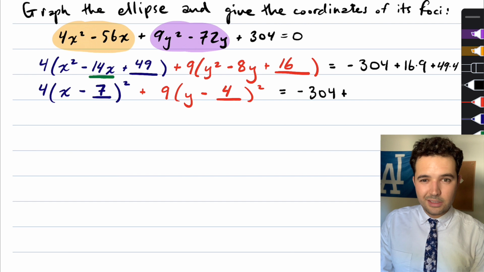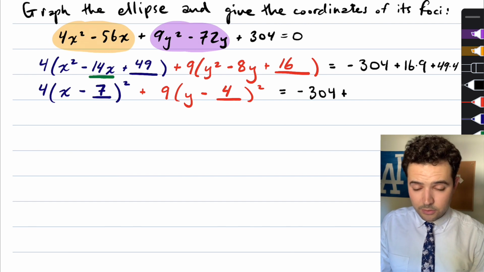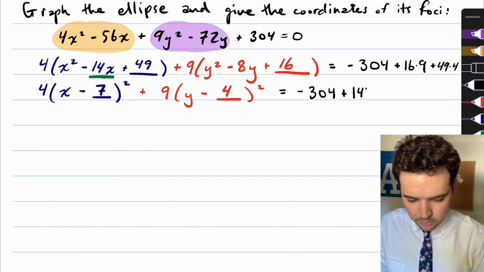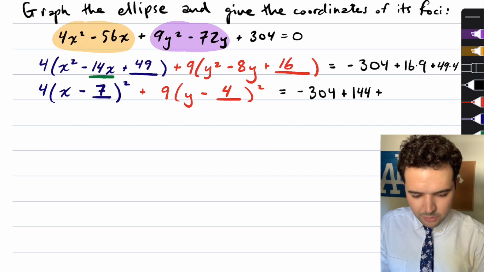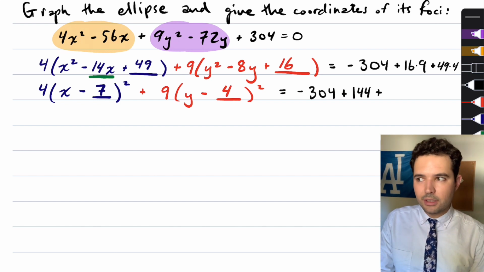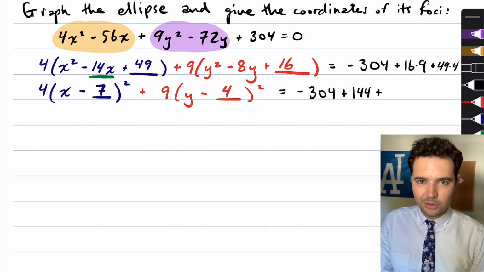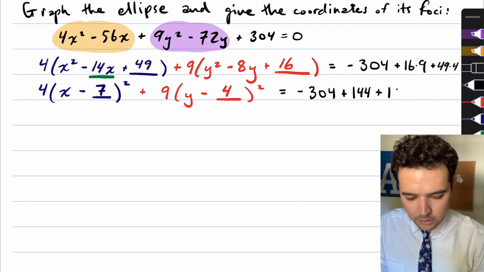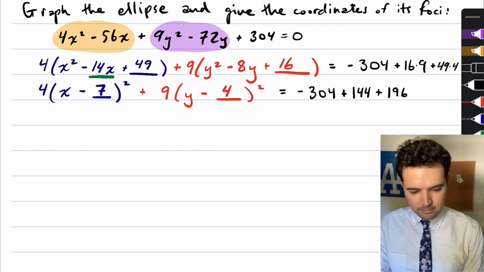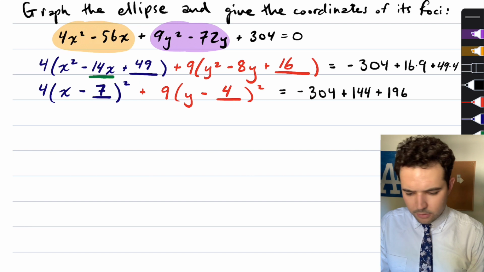All right, 16 times 9, let's see, that's 90 plus 54, so that's 144. And 49 times 4, I'm going to do 50 times 4 in my head, 200, and then minus 4 again, so that should be 196. So now I'll just simplify a little bit.